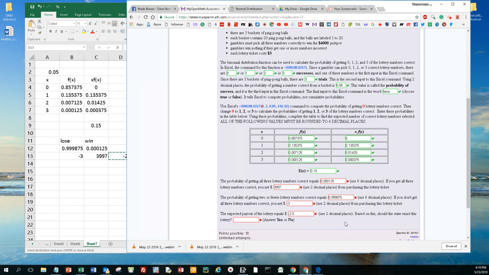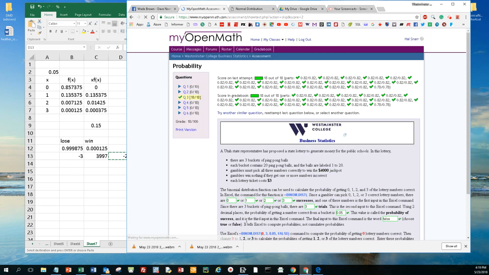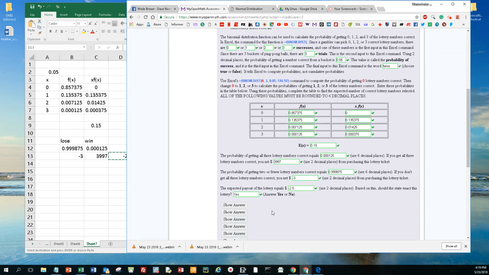Based on this, should the state enact this lottery? Well, I'd say yes, because on a $3 bet, the state wins $2.50. It takes $2.50 of it. So let's say yes. We got everything correct.